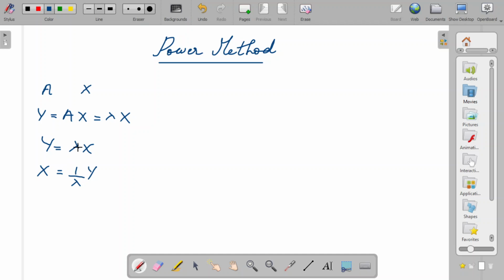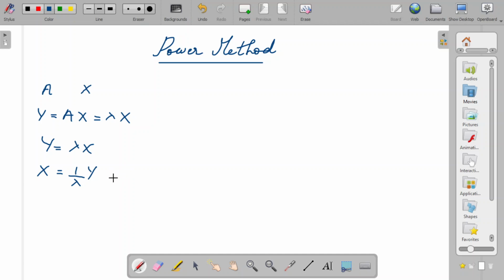I will pick the most significant value among the elements of y and take it out, and then find 1 by lambda into y. This lambda which I pick out from y is normally called the scaling factor, and this is the element which is supposed to be largest in magnitude.